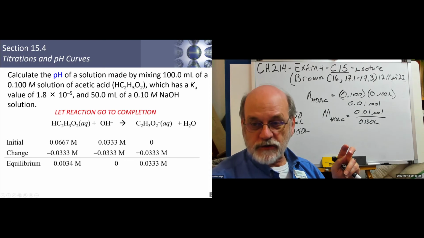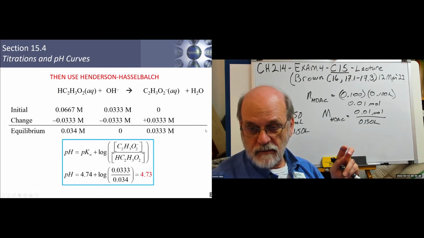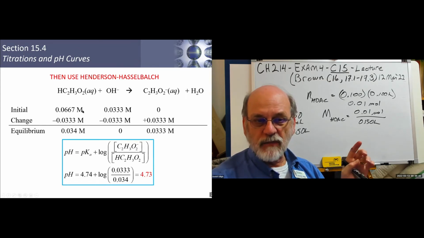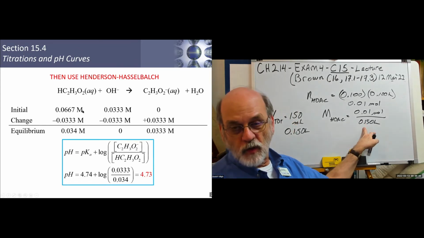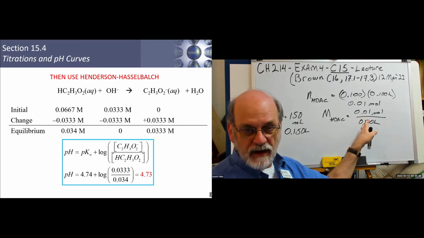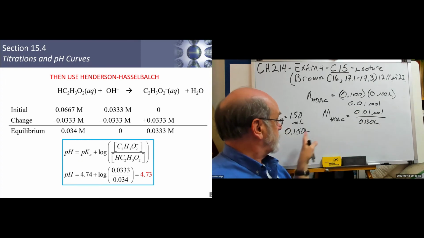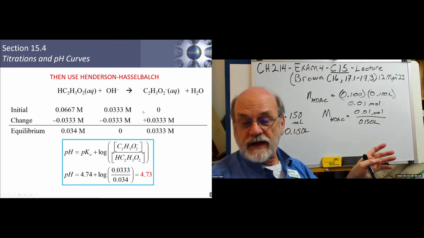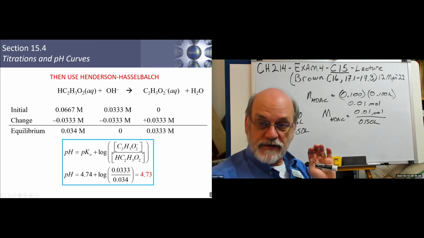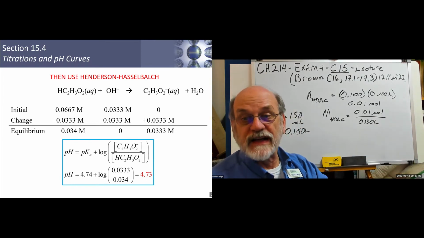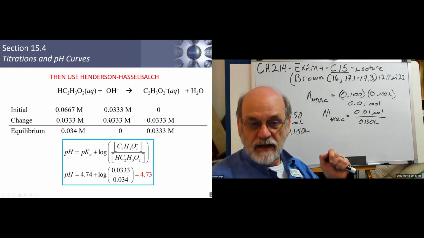So for the reaction going to completion, you're going to start off with 0.0667 molar here. So 0.01 divided by 0.15 is 0.0667. And do the same thing for the base, and you get 0.0333 molar for the base. That's the starting position because you mix them together and you change the volume.